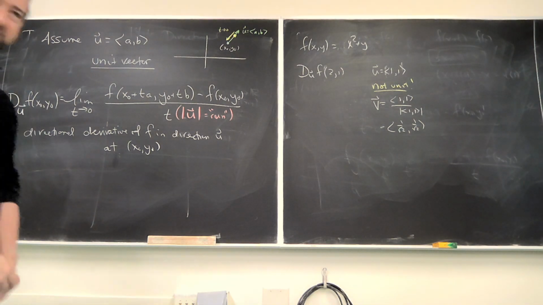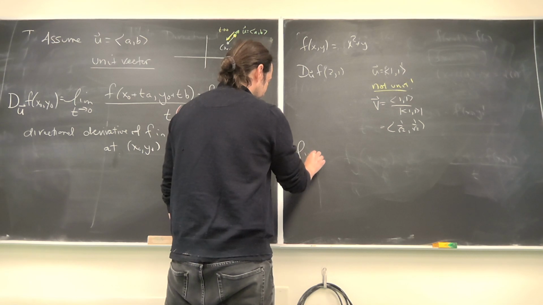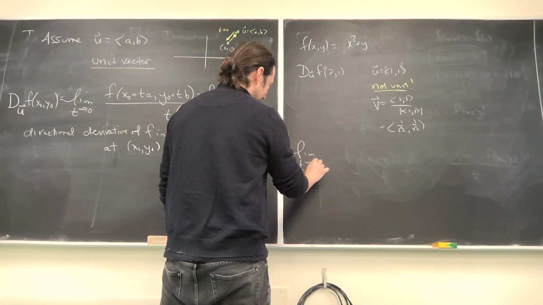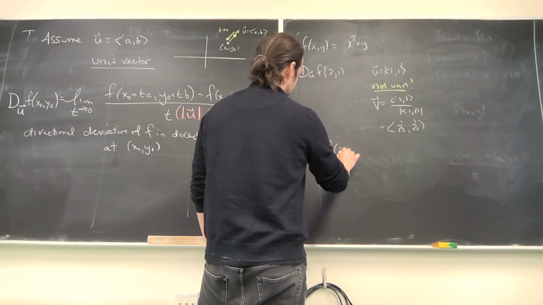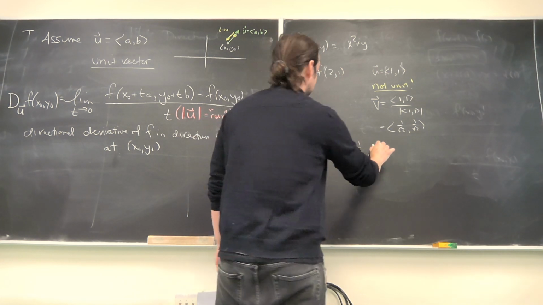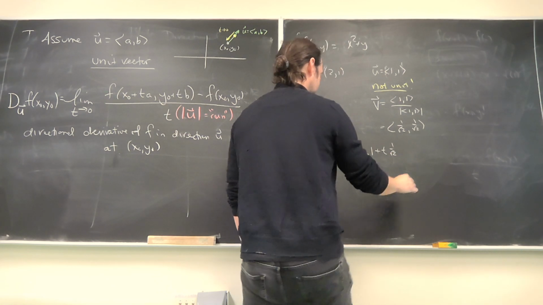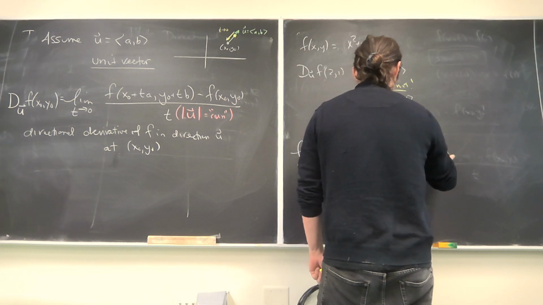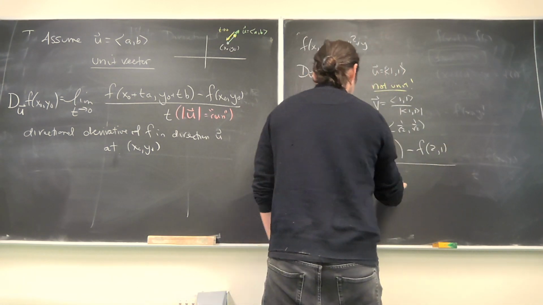Already yucky. And now if you want to calculate this, you have to write down the limit as t goes to 0 of f of (2 plus t times 1 over root 2, comma 1 plus t times 1 over root 2) minus f of (2, 1), all divided by t.